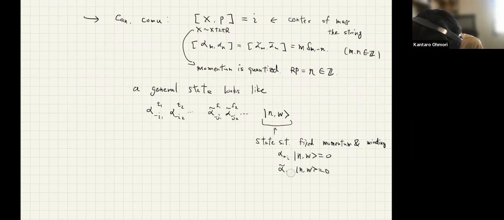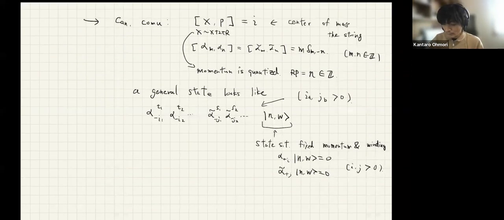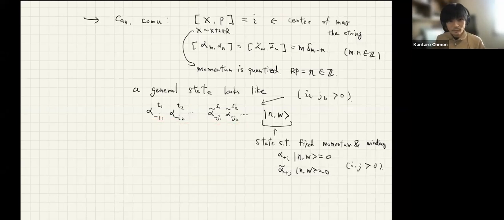Also positive. So far I'm just saying that first, for each n and w, we prepare the Fock vacuum, and then the total Hilbert space is spanned by acting with the creation operators of the oscillation modes.